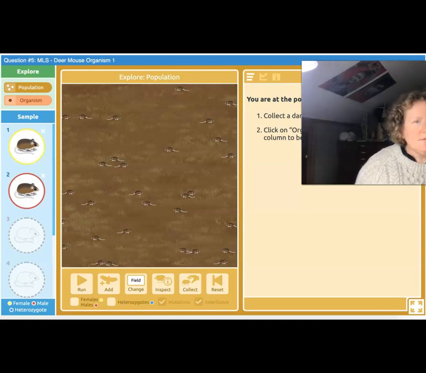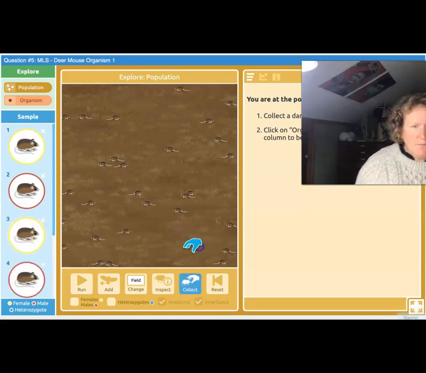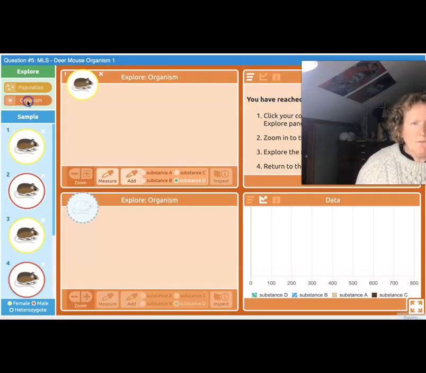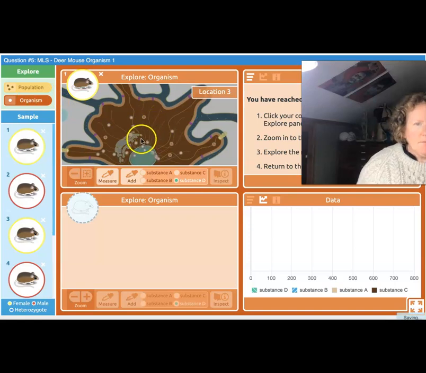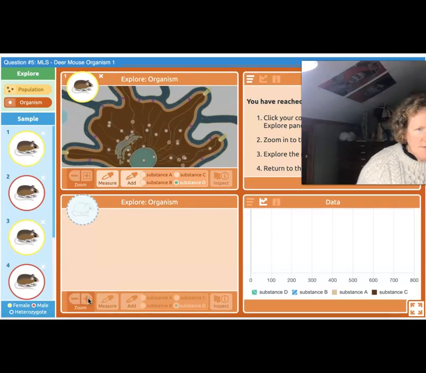So here's the multi-level simulation. At the population level, we want to grab some mice and put them over here in our collection. And then we're going to zoom in on the organism level, and we're going to see what's going on in the cell here. We can zoom even further down here on this pane.